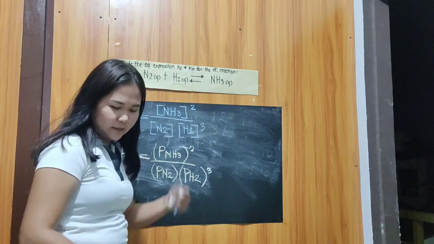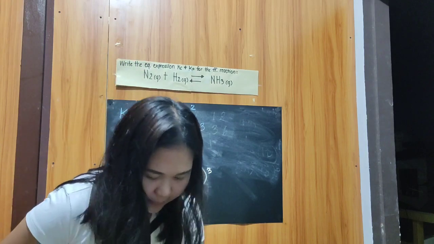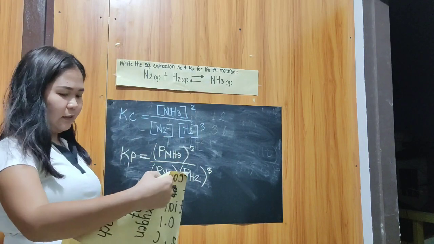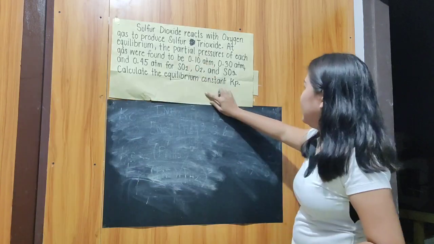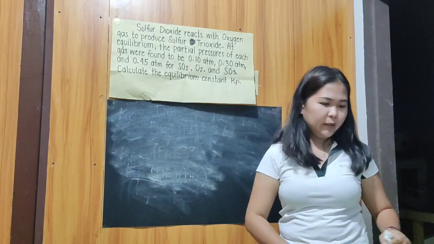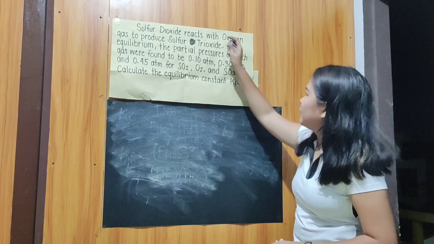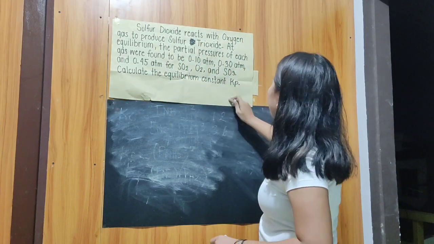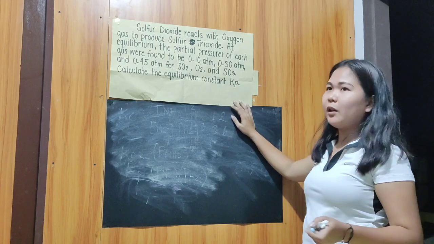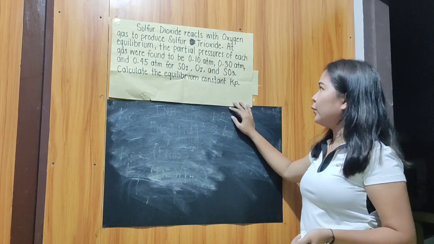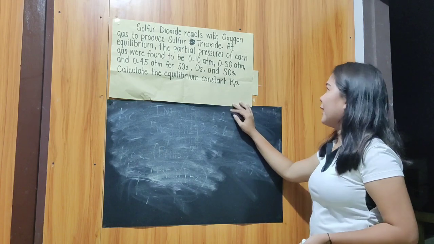Okay, so next is this problem. So it's getting more difficult. Sulfur dioxide reacts with oxygen gas to produce sulfur trioxide.